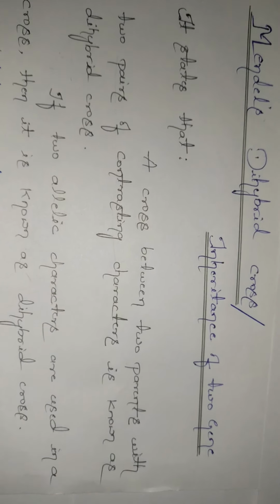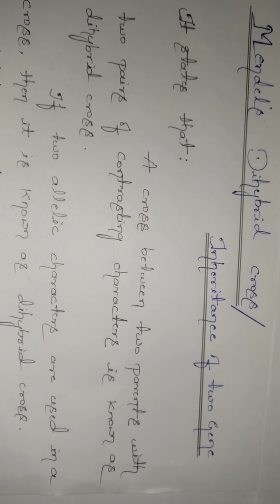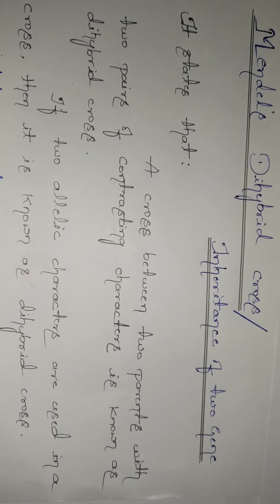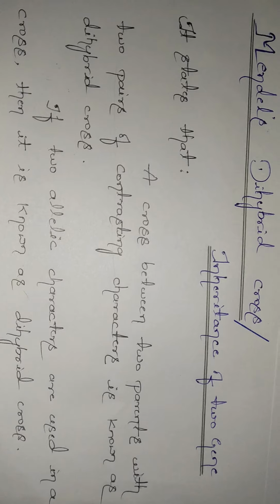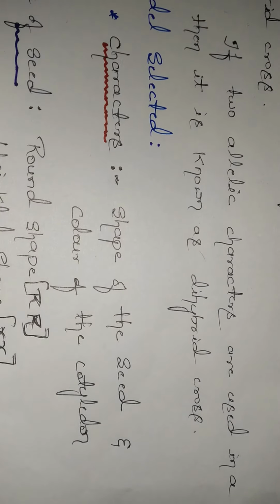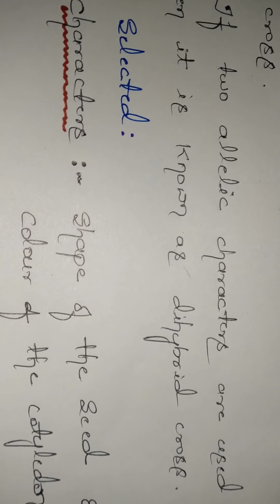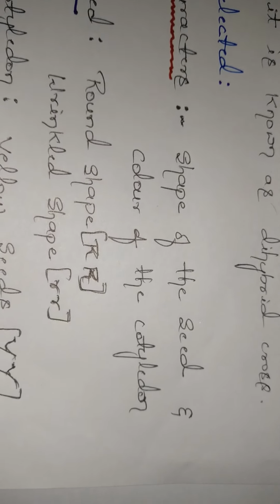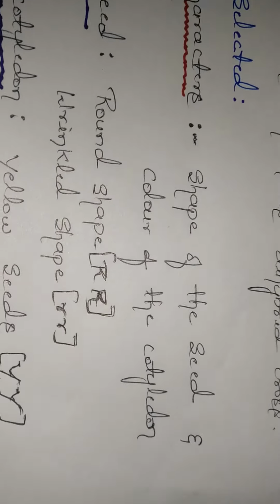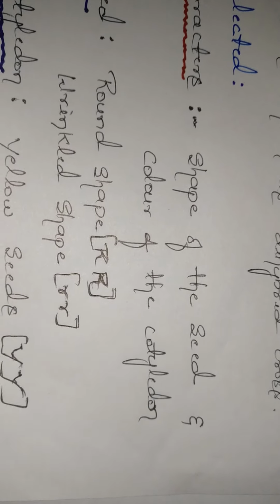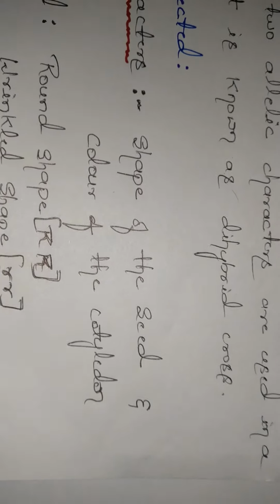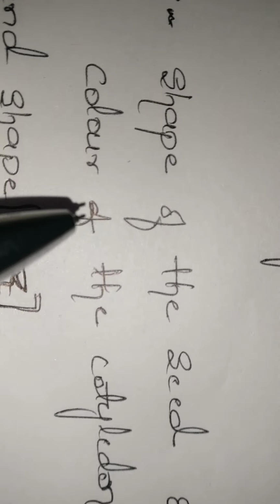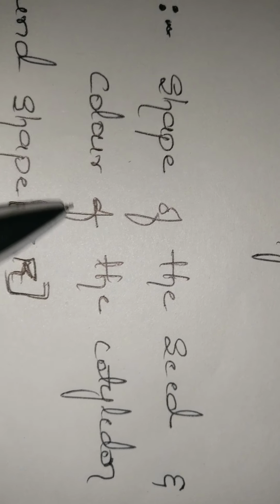The example taken by Mendel to prove the dihybrid cross is the characters shape of the seed and color of the cotyledon.